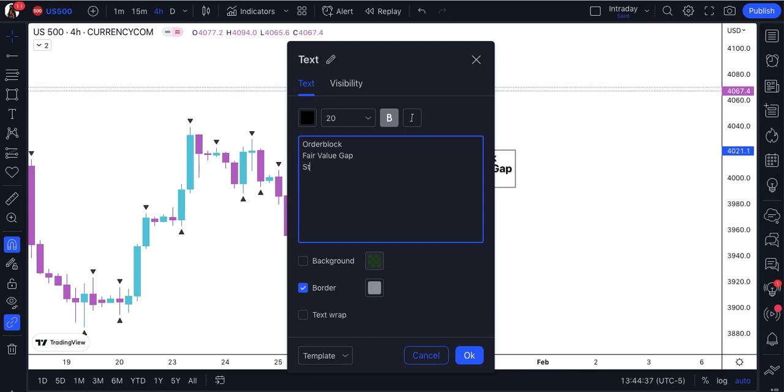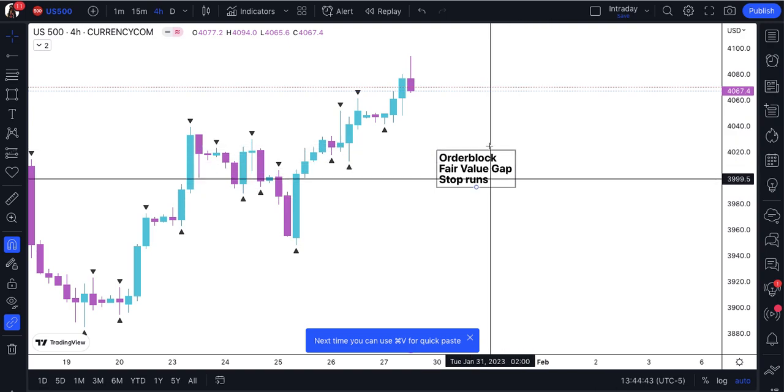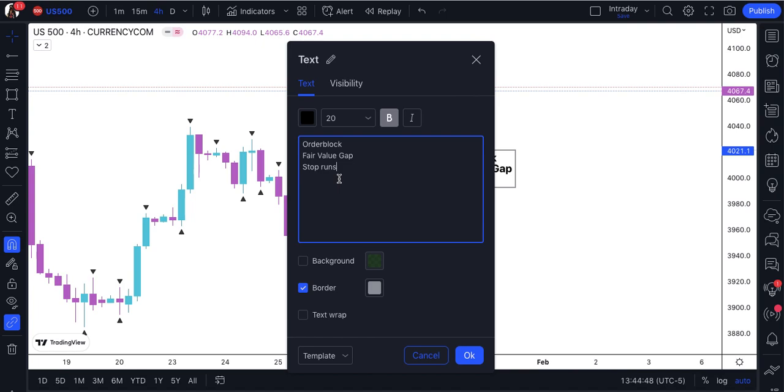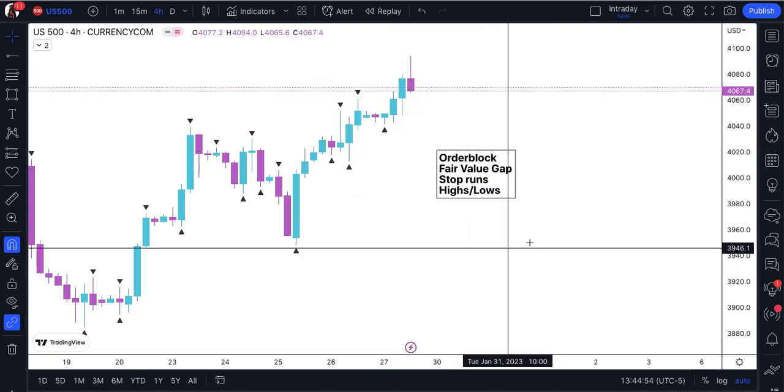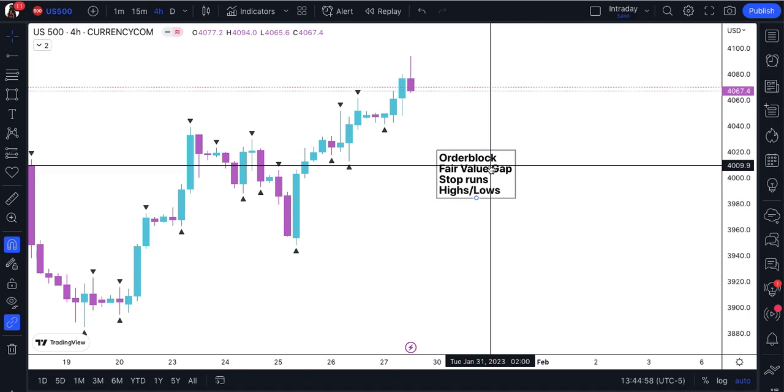Oh, and stop runs. So these are like your basic, and obviously highs and lows. These are basically your range of support and resistance.